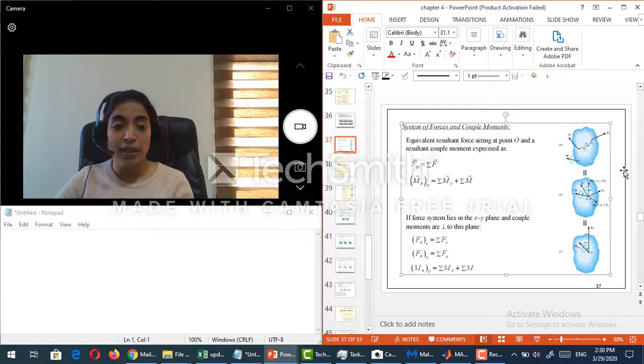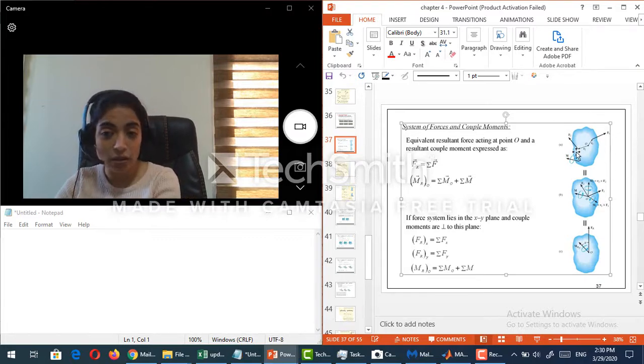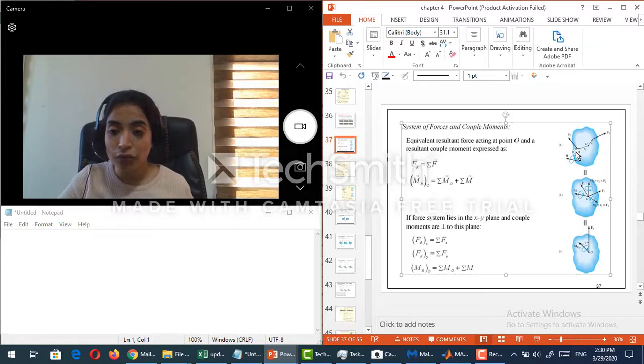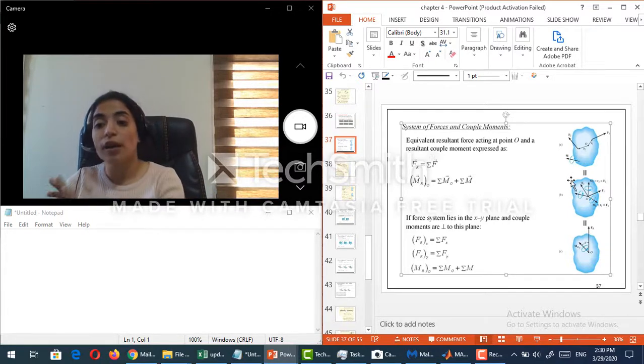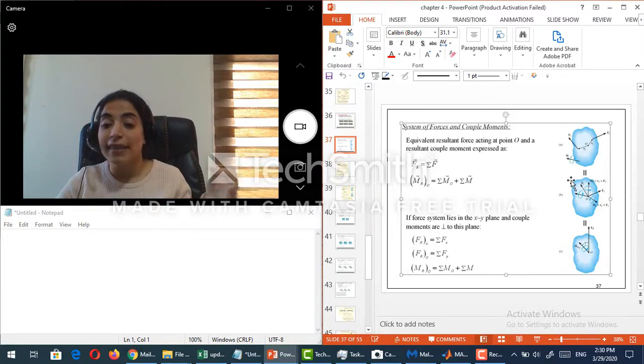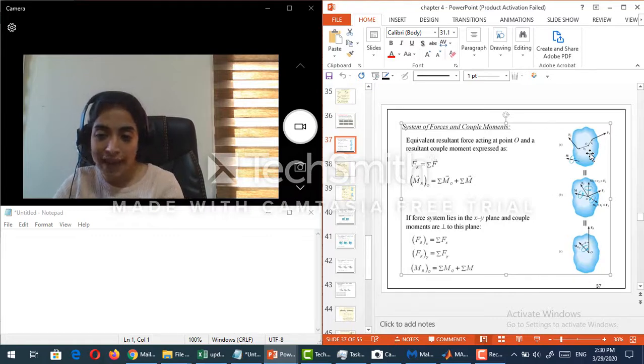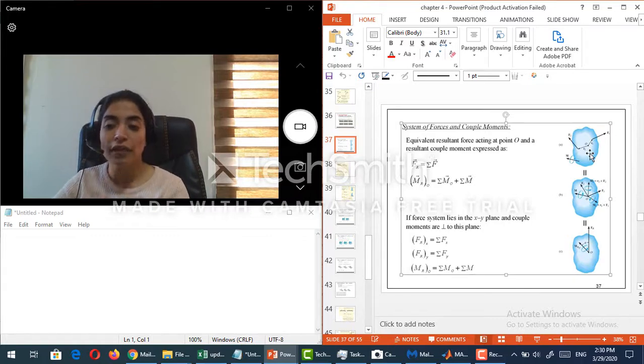In other words, if these forces here will cause a certain translation, then my resultant force in the simplified version will cause the same effect in translation. If the system here caused some rotation, my resultant system will cause the same rotation as this one.